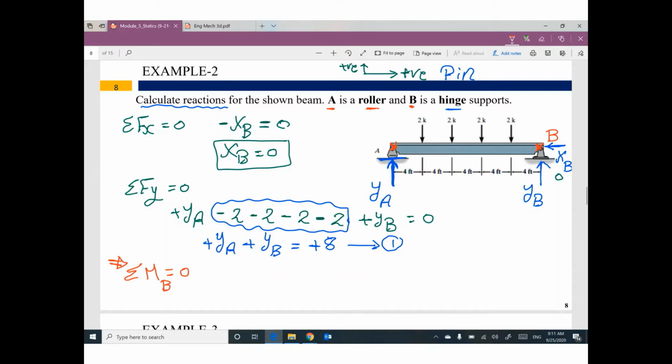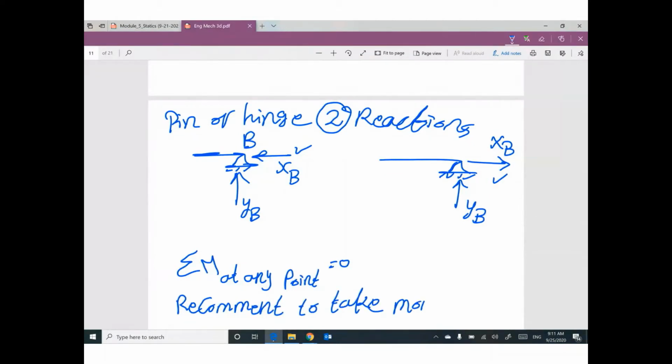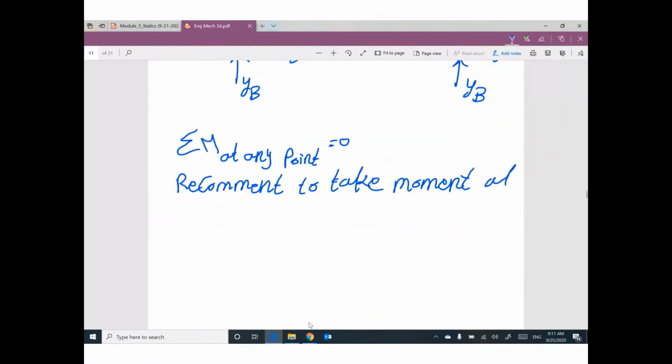And I'm going to assume this direction, counterclockwise, is my positive direction. So guys, taking the moment at any point equals 0. I recommend taking the moment at one of the supports.